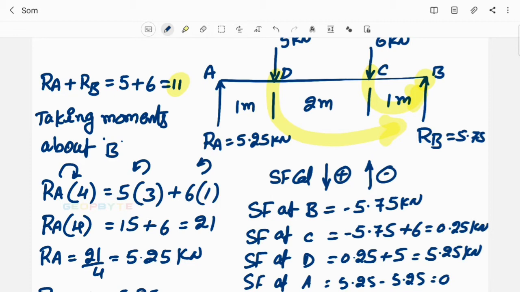Now among all these, you can decide where you get the maximum shear force.